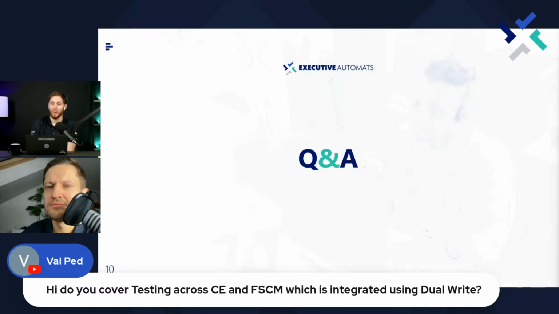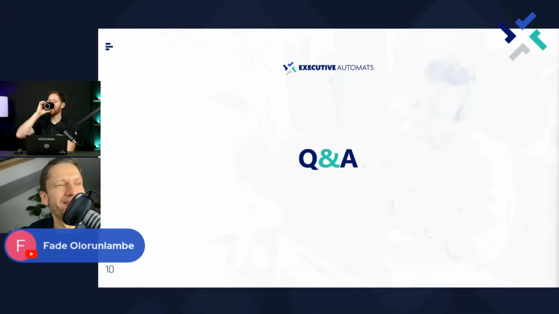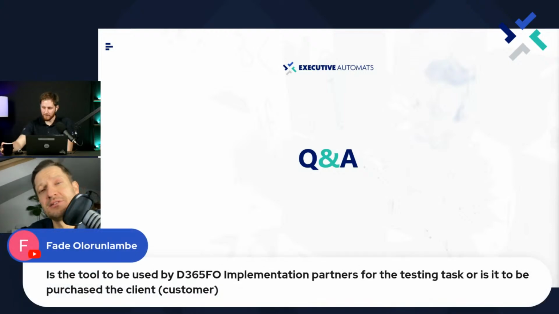But right now, it's super promising. The things we can do with the new version will be astonishing. Sorry, Bart, that's a game changer. Yeah, that's true. As soon as you join our community of Executive Automats users, basically with the experience of the tool, you will be able to enter the early bird program. So sooner is better for you guys.